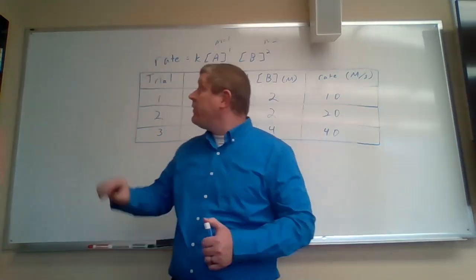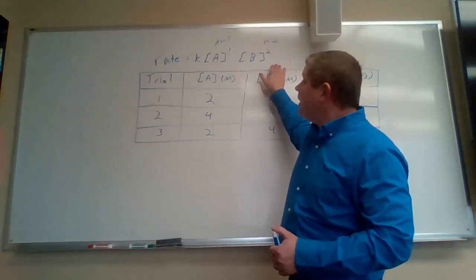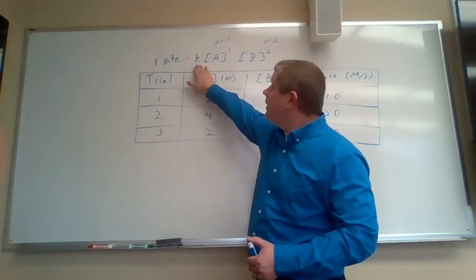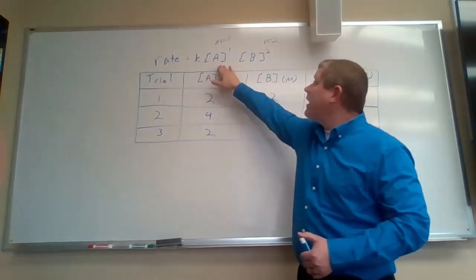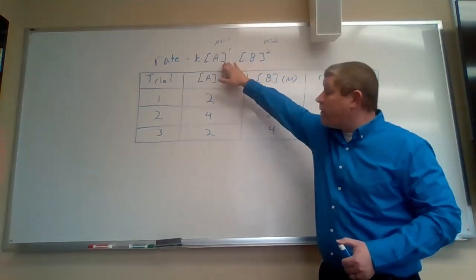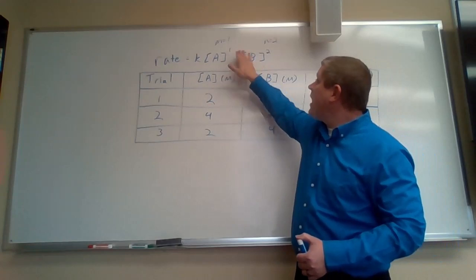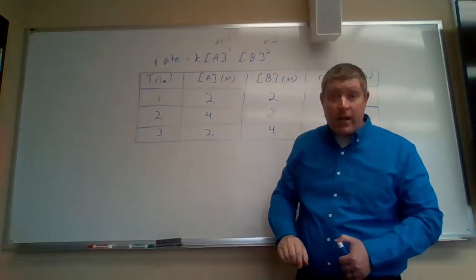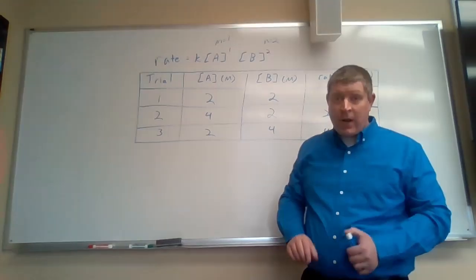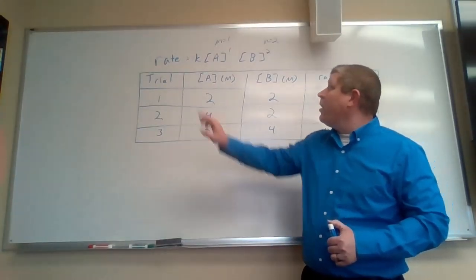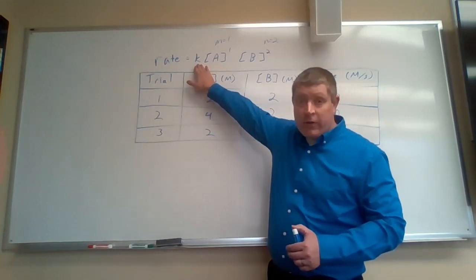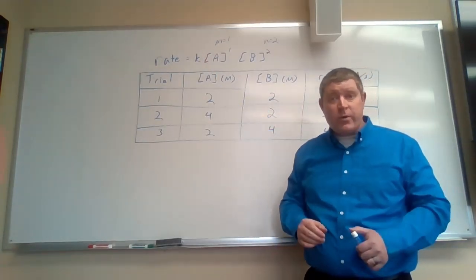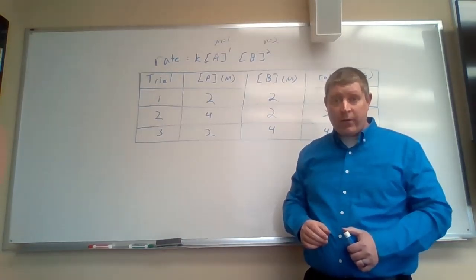At that point, we can take our rate law expression and plug in any of the 3 trials and solve for k, because we have rate, we have the concentration of A, we have the concentration of B, we have now the orders, and then we can solve for k, the rate constant. Now again, everything we've done thus far assumes that that rate constant is a constant value, which requires us to keep the temperature the same between all of our trials.